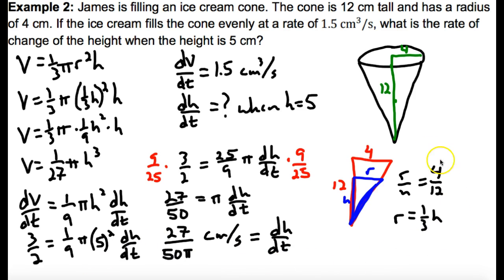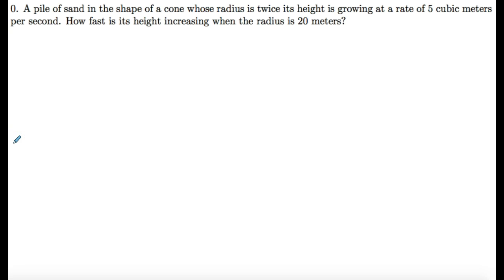Again, we had to use this similar triangle idea to write my volume formula in terms of a single variable, because we weren't given any information about the radius or the rate of change of the radius. All right, let's do one last example here. And again, maybe pause the video and see if you can come up with anything on your own.